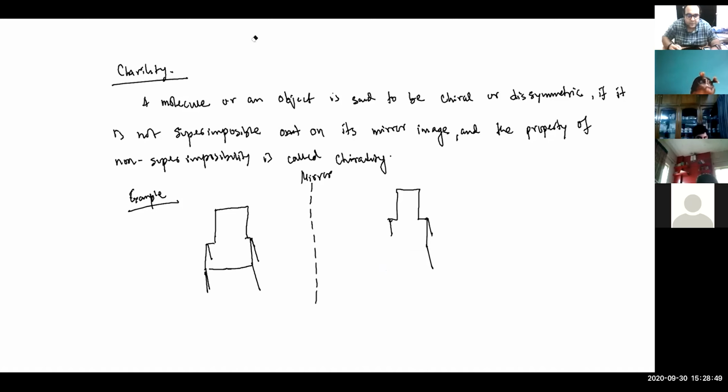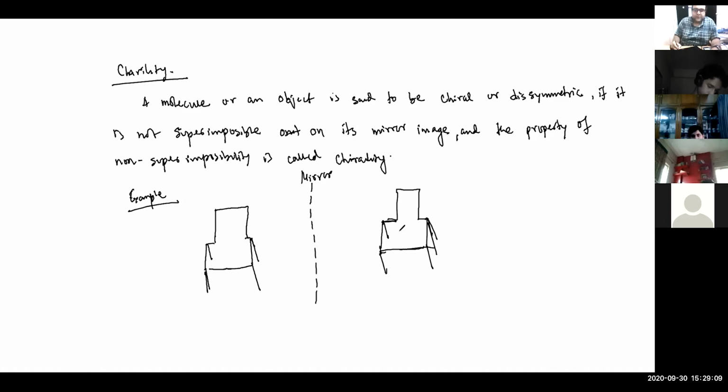Although in my diagram it looks different, in reality it looks like mirror images, it's actually exactly the same.